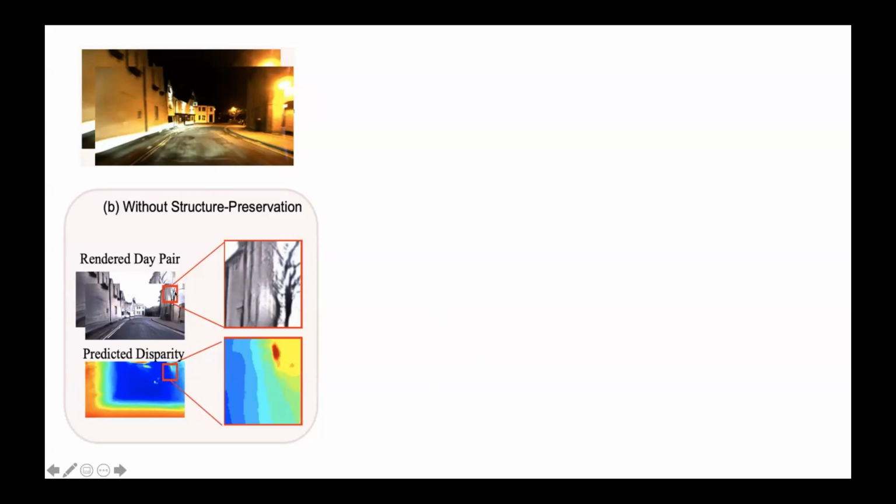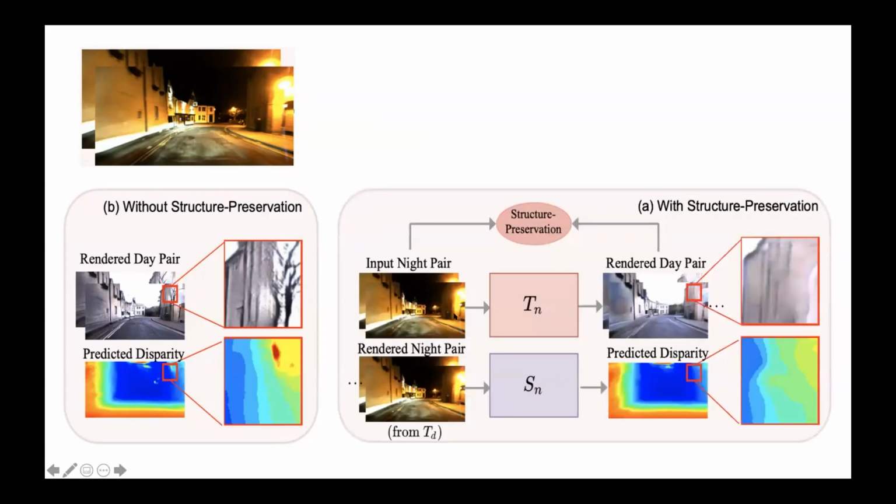But because in the daytime there is no glow or glare, the network generates this kind of tree, a hallucination or fake content. This is the main problem, because the depth will be influenced by this translated image. This is the original input, and as you can see, here is actually glare, but the rendered image becomes a tree. We have to deal with this, because we don't want a fake depth.